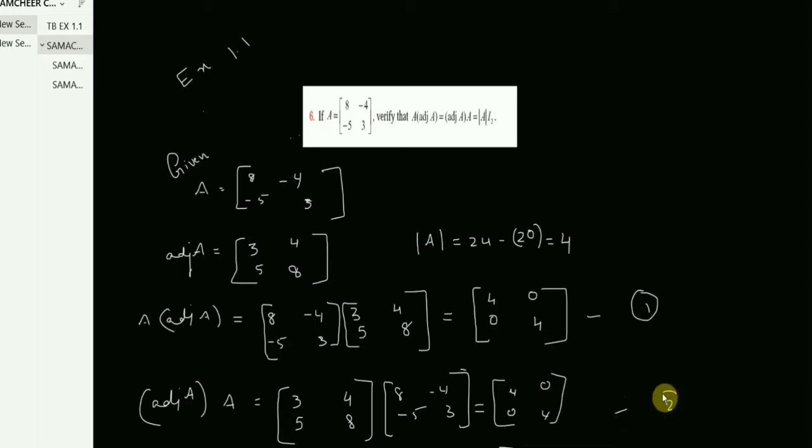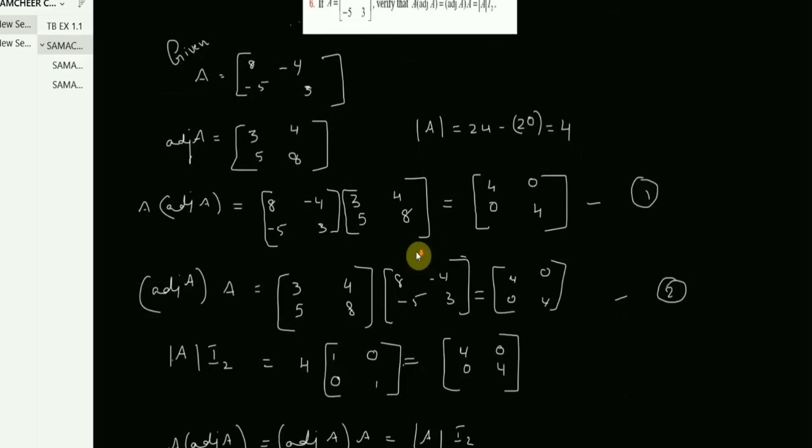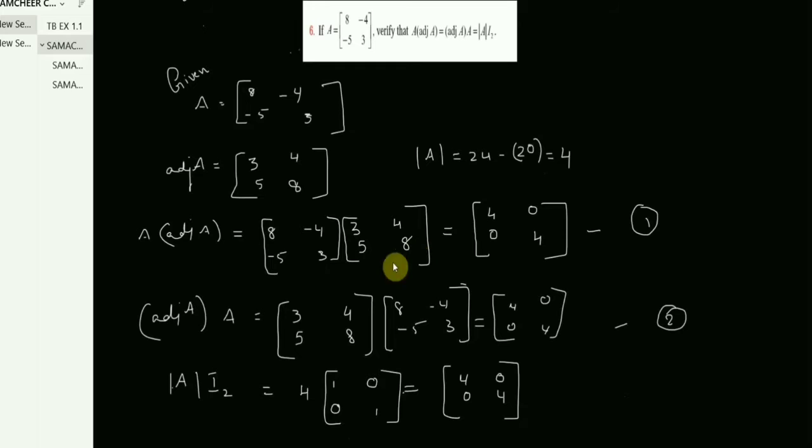Now we have to find determinant of A into matrix I. We already found determinant of A, that is equal to 4 into I2 matrix. I2 matrix is identity matrix of order 2.